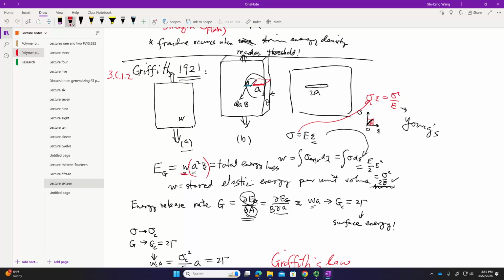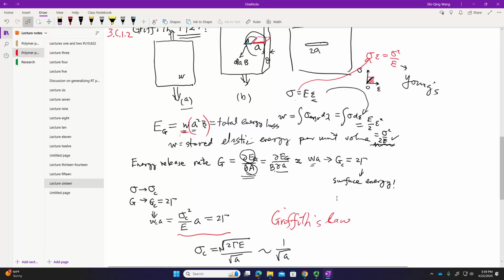Multiply the energy density, because energy density is the energy per unit volume. In Griffith's law, this E is Young's modulus. I apologize. The only part that EG is involved in is this definition of energy release rate.